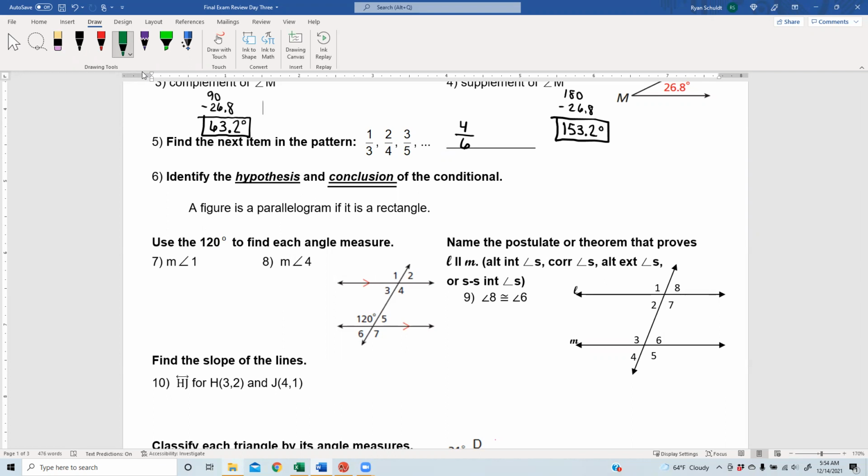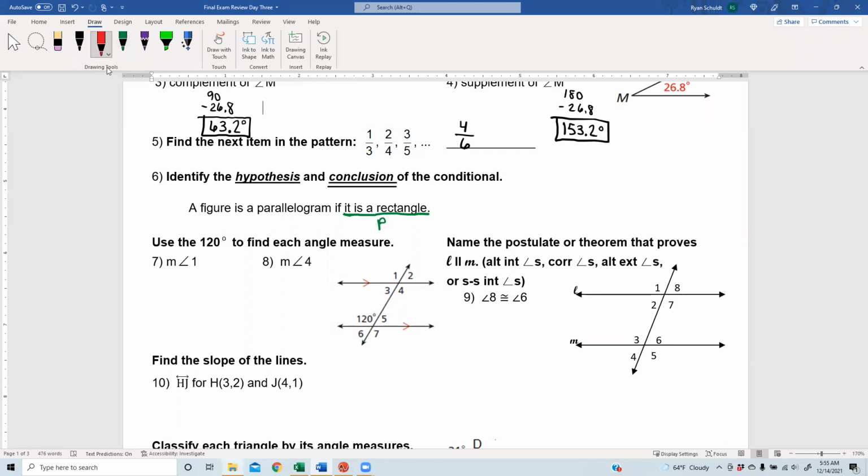A figure is a parallelogram if it is a rectangle. There's our word if. It's in the middle of our sentence. So that means the hypothesis comes after. This time the hypothesis is at the end. Because there's our word if. So there's our hypothesis.